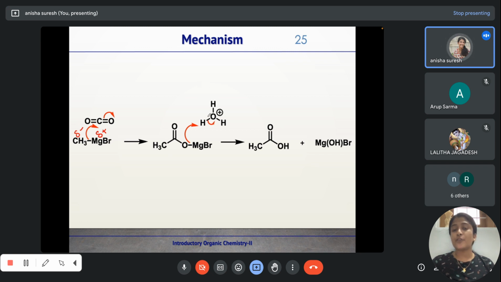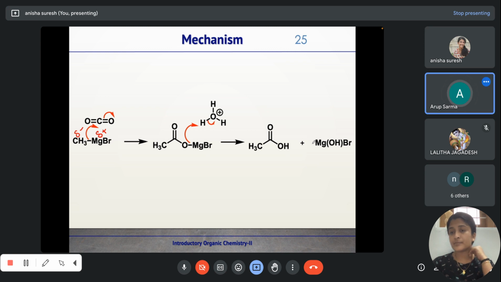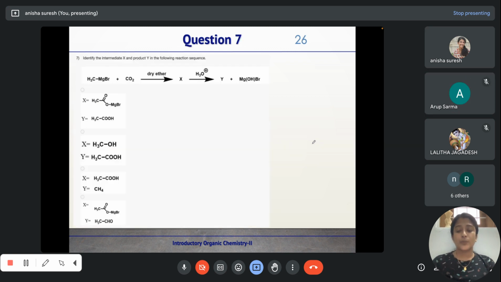Then, in the presence of H3O plus, this O minus will abstract the proton, and H2O will be removed. So we will have the acid and MgOHBr as the byproduct. Any doubts? No, ma'am. Okay. So the right option was option A.